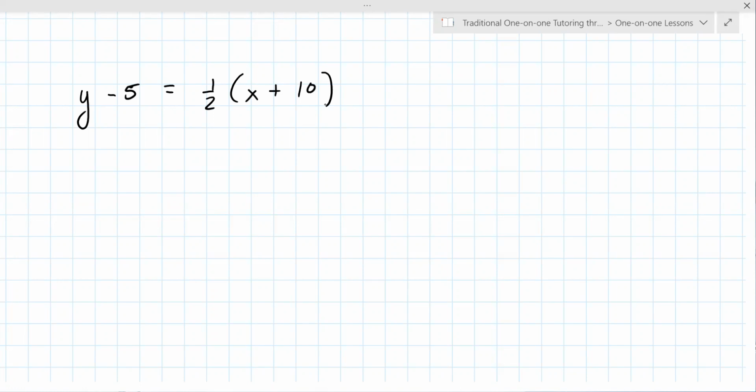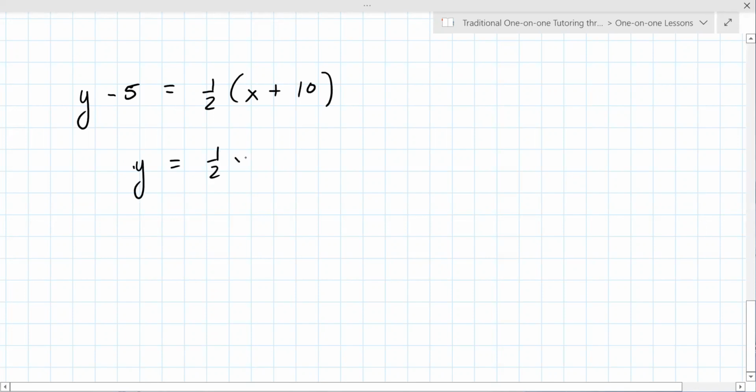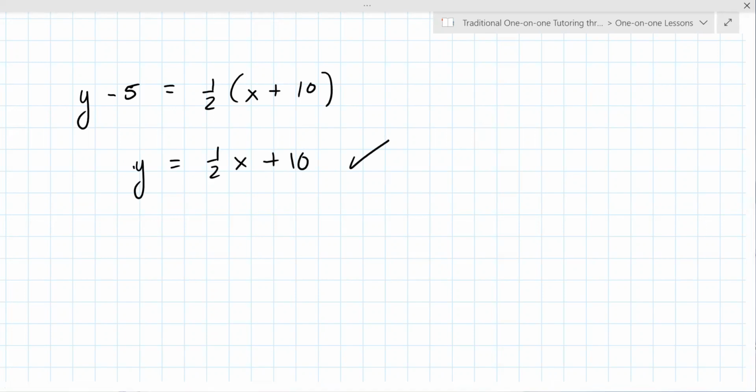Is it y equals 1/2 x plus 10? Yes. Very good.